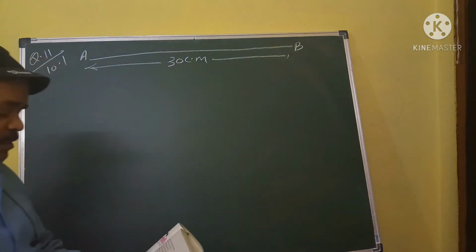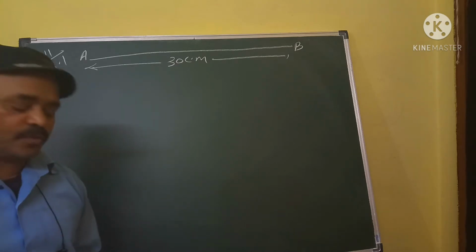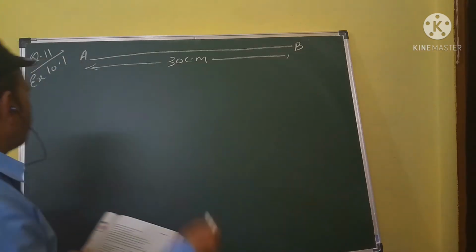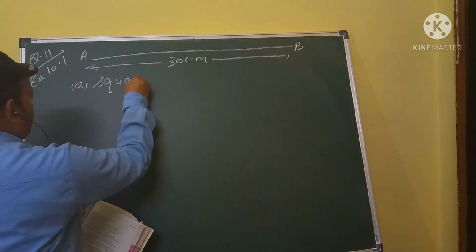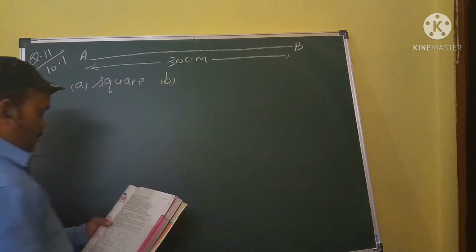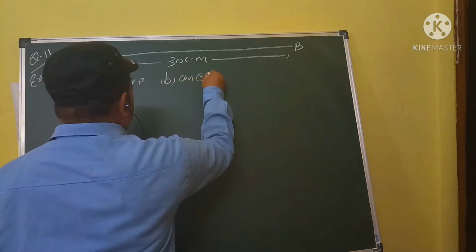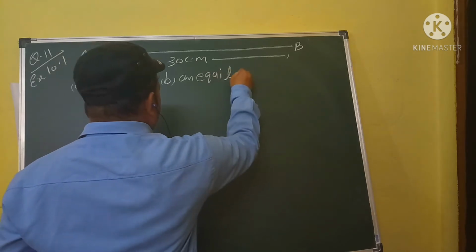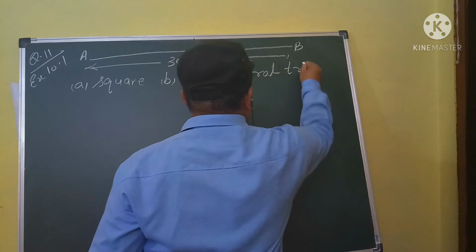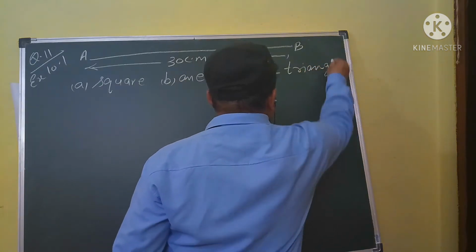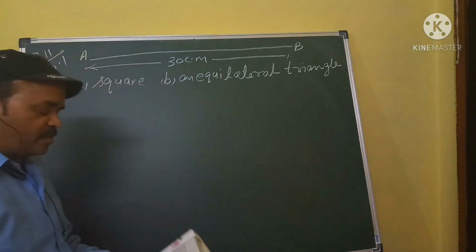And according to the question, this string is used to form a square, an equilateral triangle, and a regular hexagon.